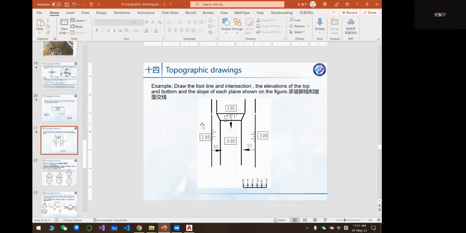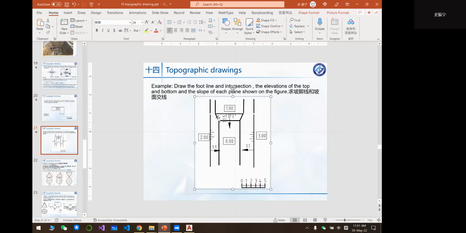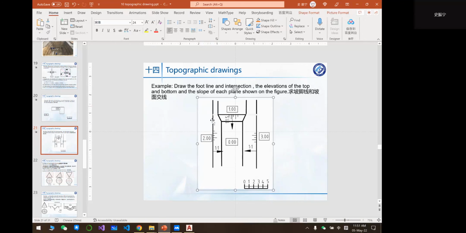So I think you had better think about it yourself carefully. You can see this is the answer, and you can check how to get it. You can think about how to get it. This is the answer.